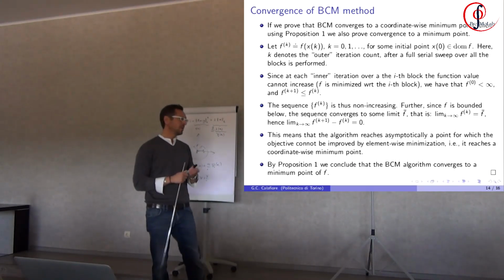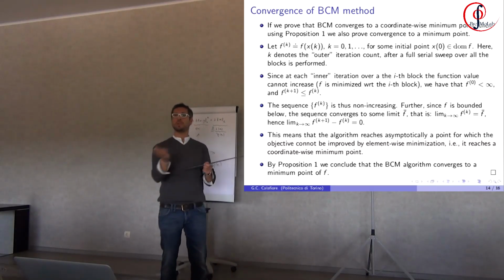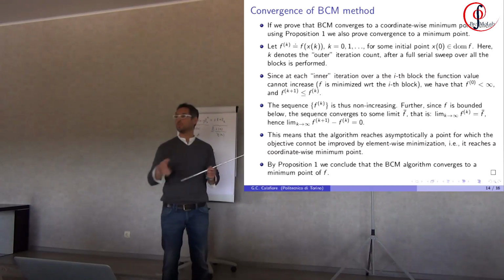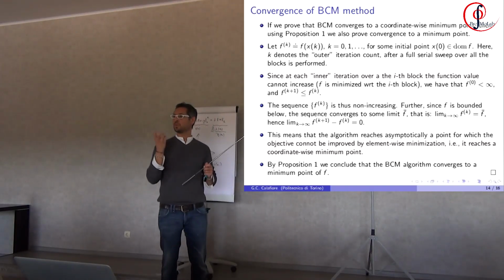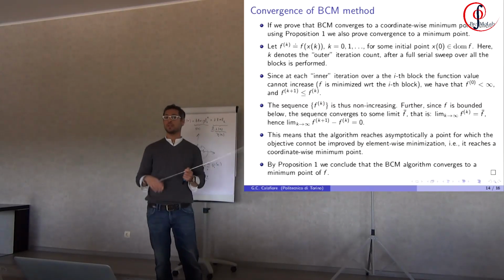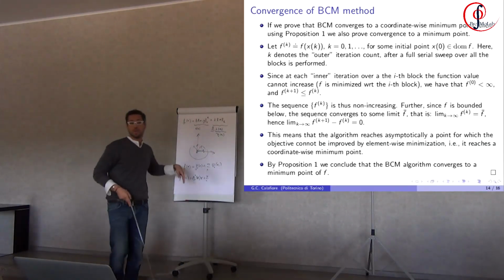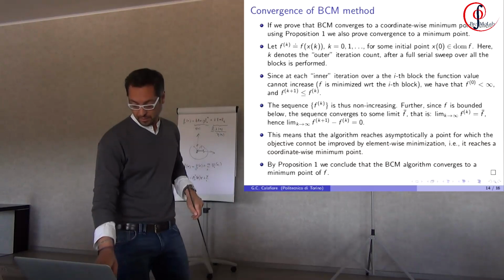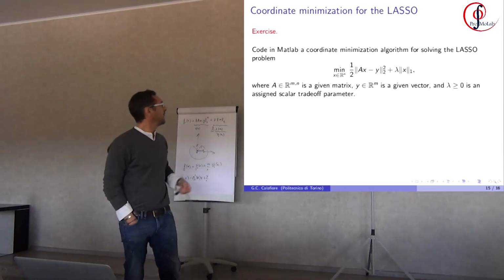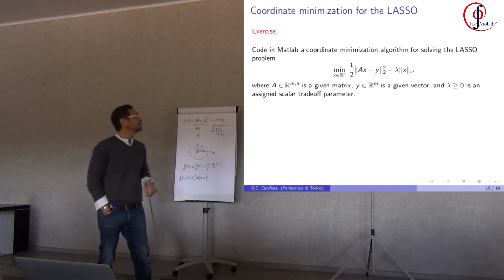At a certain point, if we minimize over the coordinate directions, there is a point at which we are finished, and in any direction we look at, there is nothing to minimize anymore. So we converge to a coordinate-wise minimum point, and then we appeal to that result, and we conclude that if f has this structure, we actually found a minimum point of our function. I don't want to go into the details, but I want to leave you a little exercise if you like.